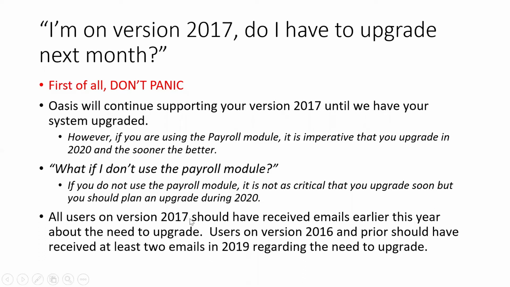If you are currently running version 2017, you should have received an email from me earlier this year, and maybe even late last year, probably in December and January, talking about how 2017 was going to retire in September, which is the information that we had at that point.